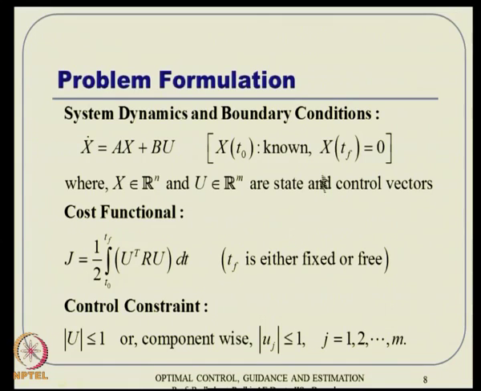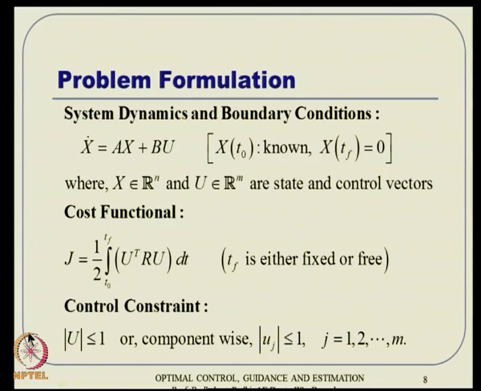But ultimately, this x of tf has to be 0, because otherwise you have to account for that in the cost function, and some quadratic terms will be there. What you are interested in is x of tf equal to 0 with this minimization. The cost functional to be minimized is a quadratic function of the control variable. So, tf is either fixed or free depending on the situation.